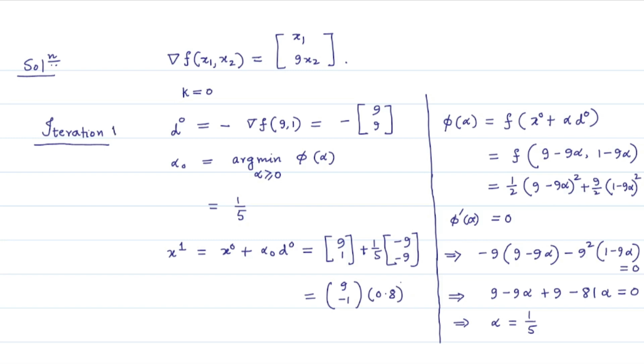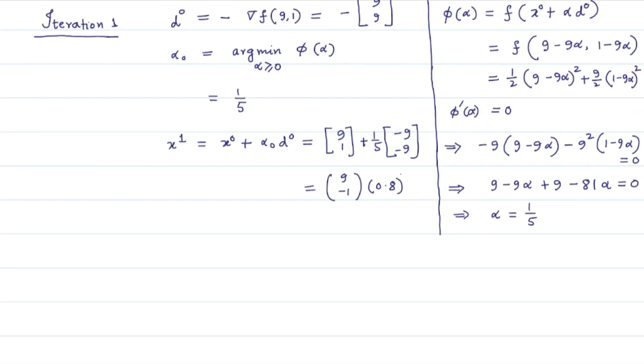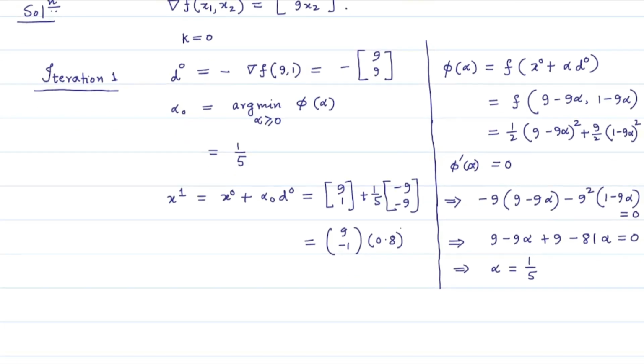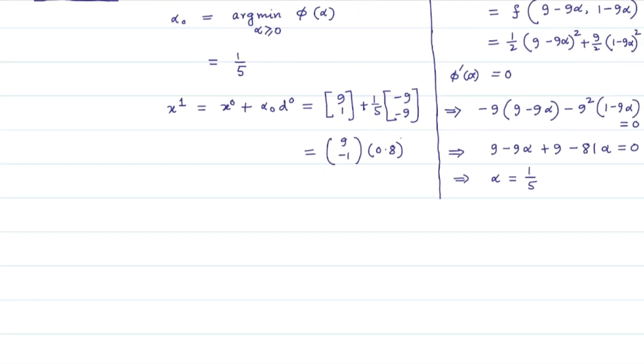So at the end of the first iteration, we get the next iterative point x1 given by 9 times (1, -1) times the scalar 0.8. Now before proceeding to the next iteration, we check whether the gradient of the function f at x1 has norm less than 0.01 or not. You will find that this is not less than 0.01.